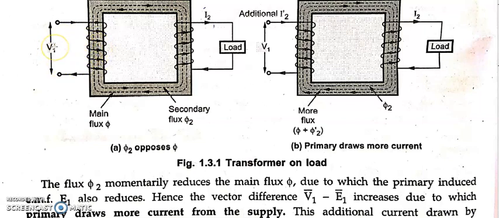E1 will not support V1 due to Lenz's law, which we already discussed. So we are going to take the vector difference, not a vector addition. V1 is constant. E1 was high before connecting any load. Now E1 got reduced. So due to the reduction of E1, the difference of V1 and E1 will increase.